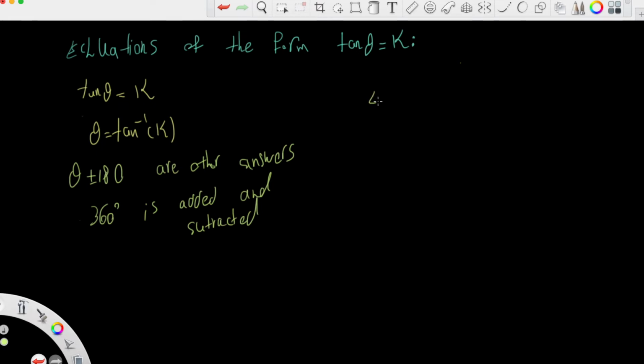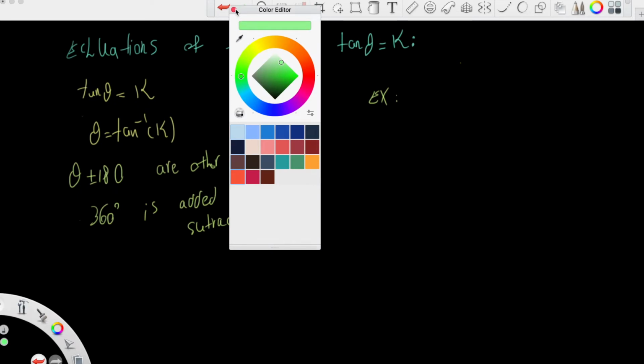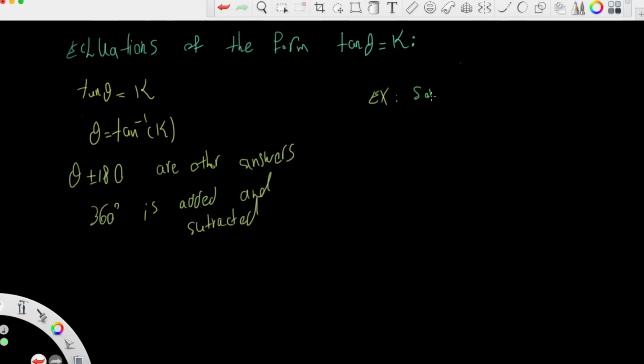Okay, let's have a look at this example. For example, solve tan of theta is equal to 1 for theta between 180 and negative 180 degrees.